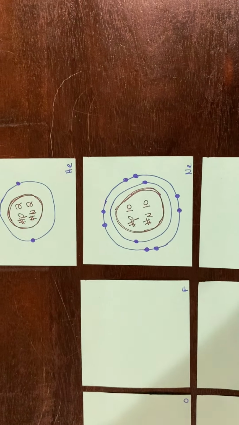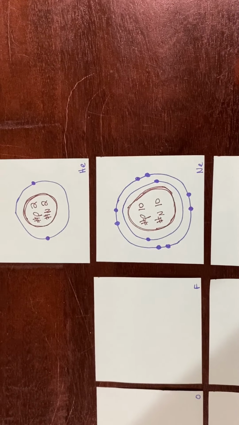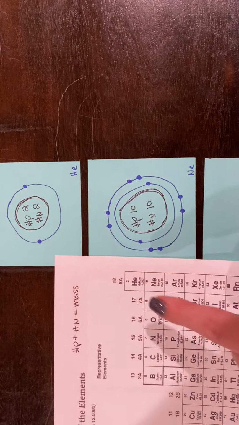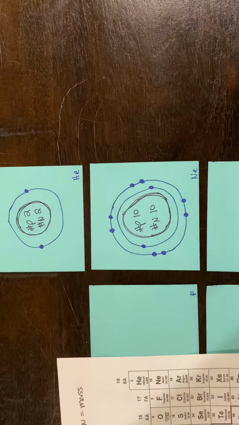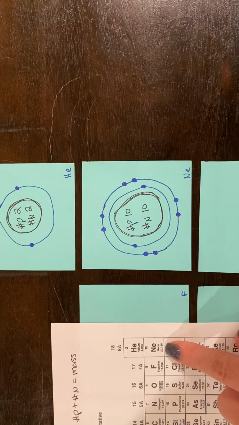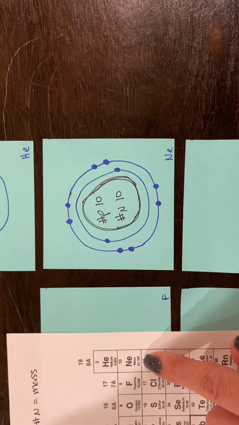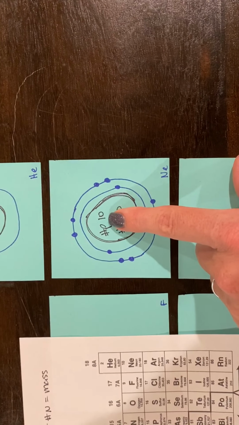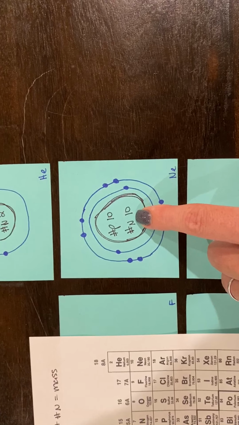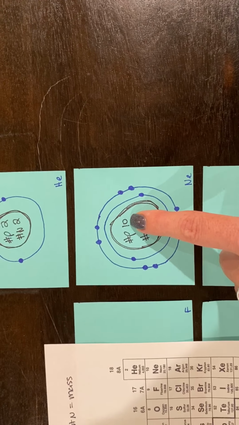I also drew neon. Alright, so neon on my periodic table is right under helium. Neon on my periodic table has 10 protons and an atomic mass of approximately 20. So I've got 10 protons, 10 neutrons, and since I have 10 protons, I want to have 10 electrons.